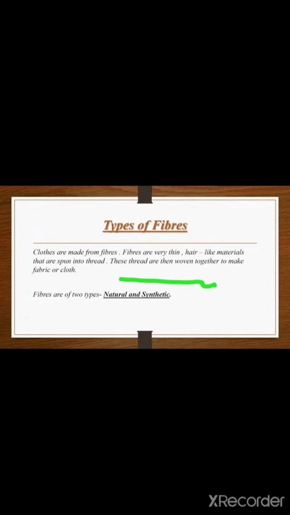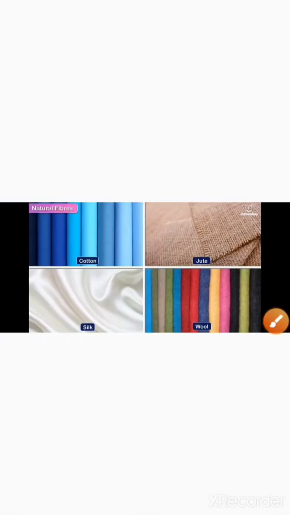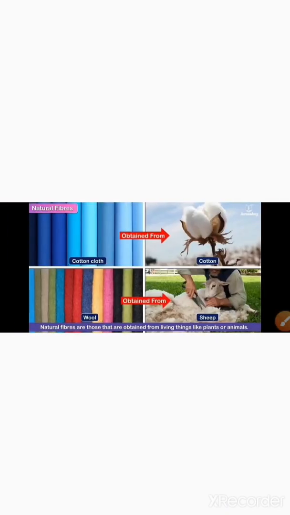We know that there are two types of fiber, natural and synthetic. Let's talk about natural fibers first. We have examples here: cotton, jute, silk, and wool. These are natural fibers. We obtain cotton from the cotton plant, and wool from sheep.